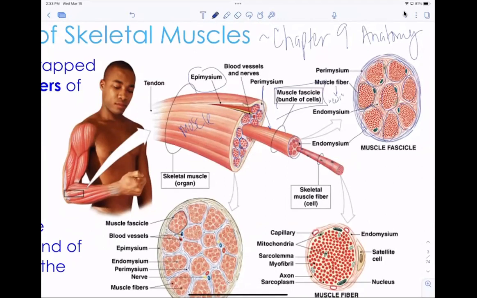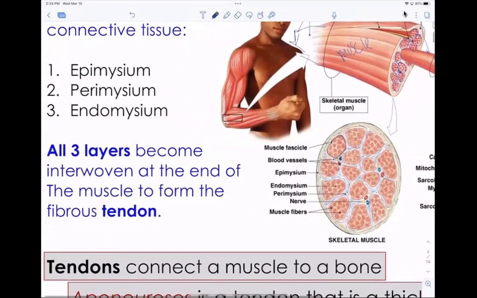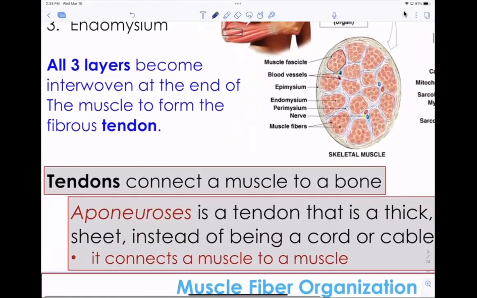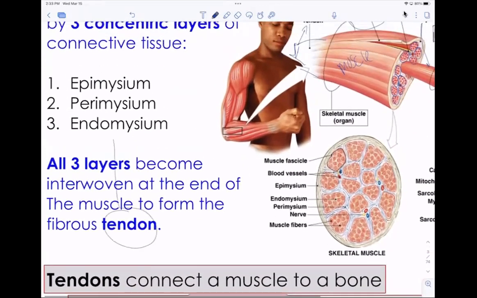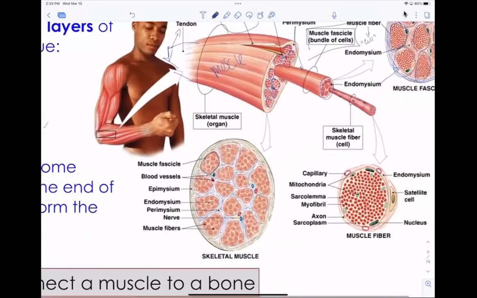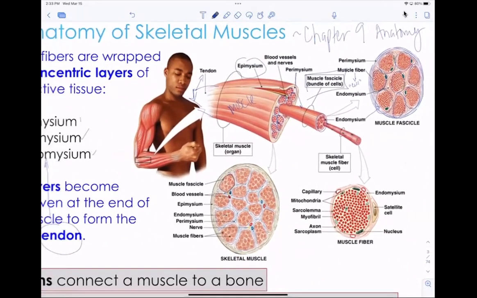All of the endomysiums, all of the perimysiums, and the epimysium come together at the end and form the tendon. So a tendon is the coming together of all those connective tissue sheets. Tendons are pretty strong structures and ensure the entire muscle works together as a unit.